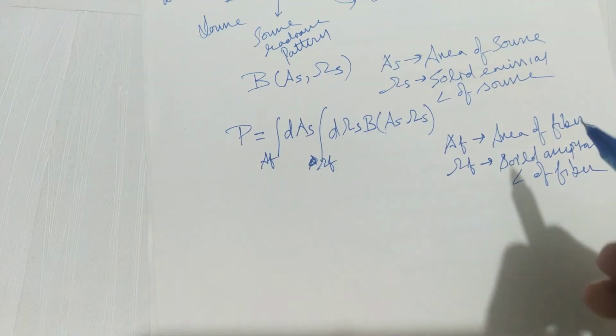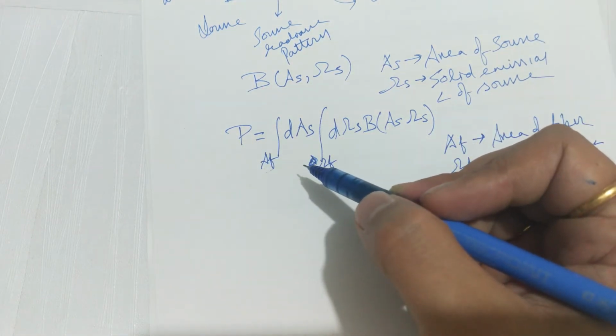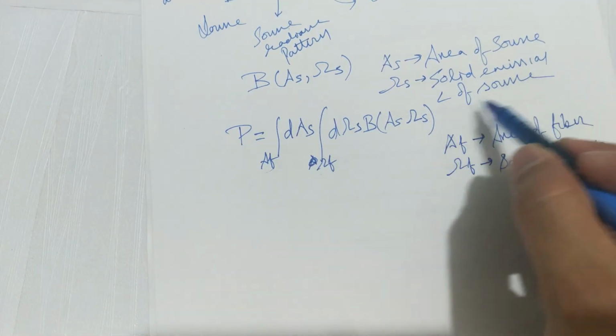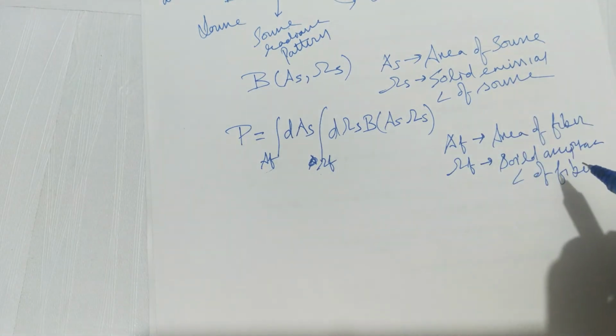So the area of the source is limited by the area of the fiber, and the solid emission angle of the source is limited by the solid acceptance angle of the fiber.